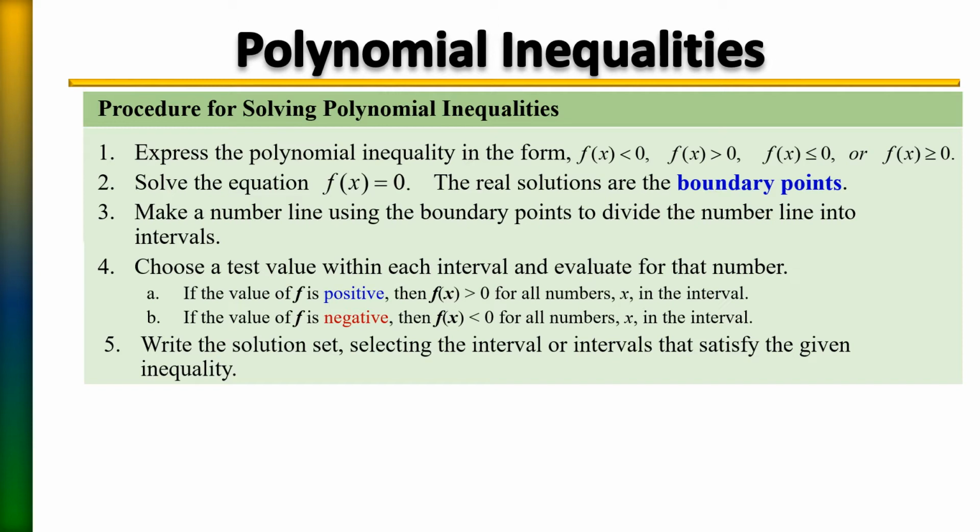Based on whether you're looking for only positive points or only negative points, you'll then be able to locate that region. Once you locate that region, we're going to not only graph it, but write our solution set in interval notation. That solution is basically the interval that satisfies the given inequality. So let's go ahead and get started with solving polynomial inequalities.